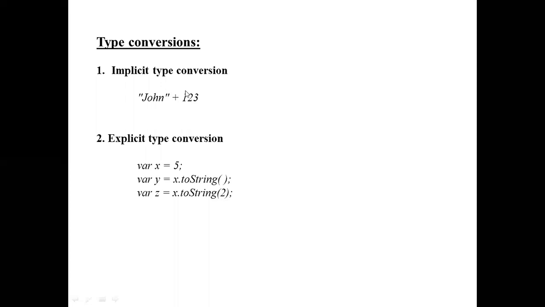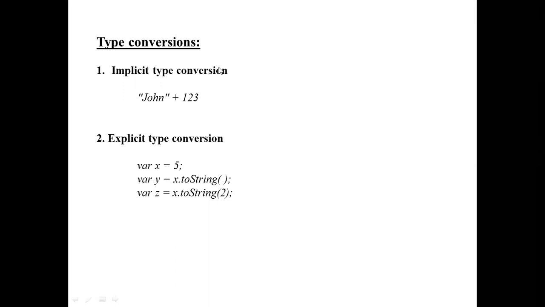There are two types of type conversions: implicit type conversion, and second, explicit type conversion. Type conversion which is performed automatically by the JavaScript interpreter is known as implicit type conversion.